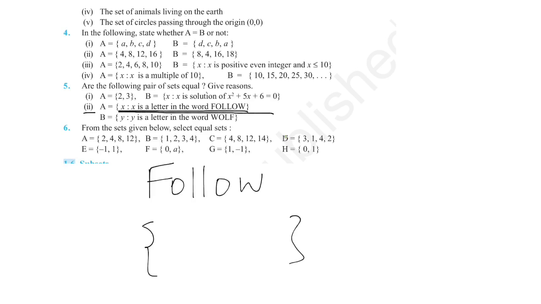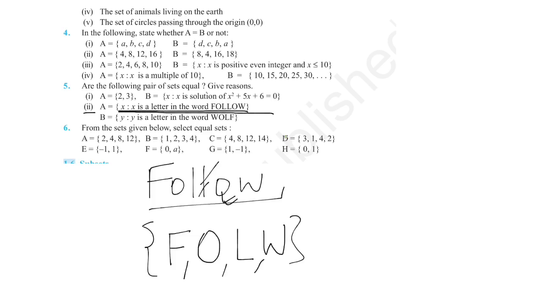So if we try to write the elements of this set, which are the letters of the word follow, then we will take F, and then O, and then L. We are not going to take the second L because one L is enough, and we are not going to take this another O because O is already here, and we'll take W.